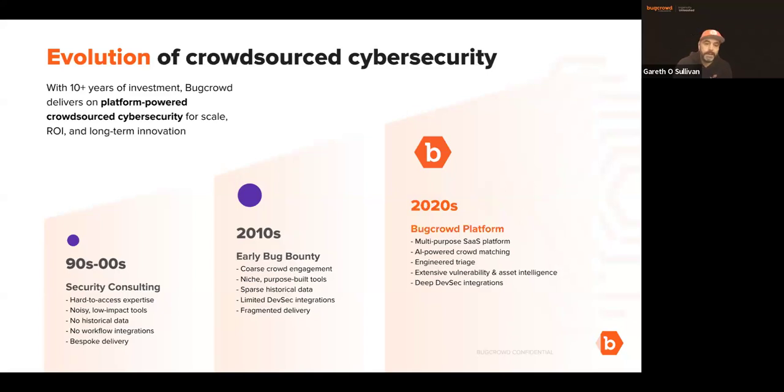We have a recent acquisition where we brought asset discovery into the equation, and there's extensive DevSecOps integrations, even CI/CD, pushing results back into the continuous integration, continuous delivery stage of application development. So that's the evolution of crowdsourced security.